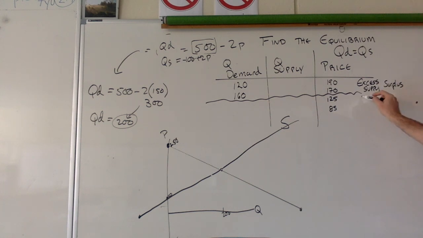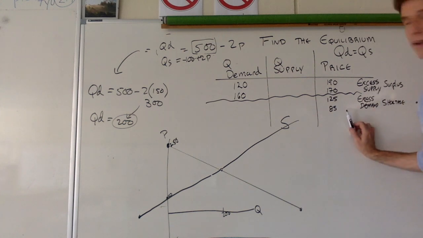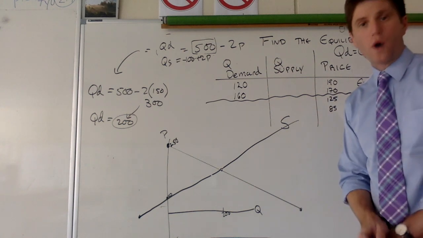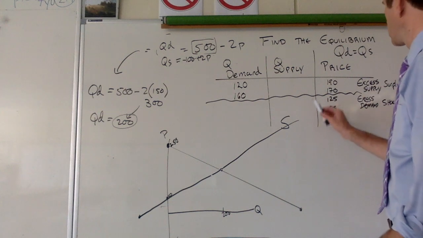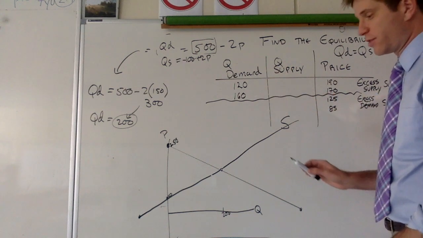And when it's below, there's going to be excess demand, or what's known as a shortage. I already know that, but the book is interested in what is the quantity of that surplus or that shortage. So I'm going to have to run through the numbers.